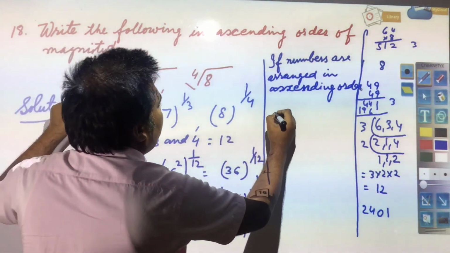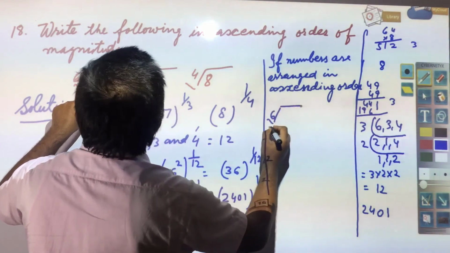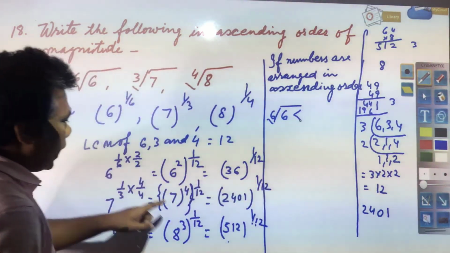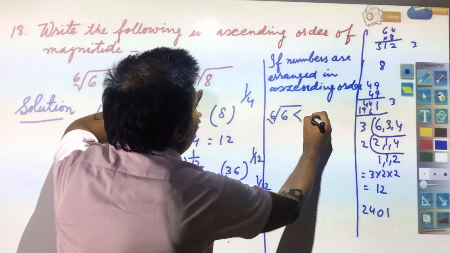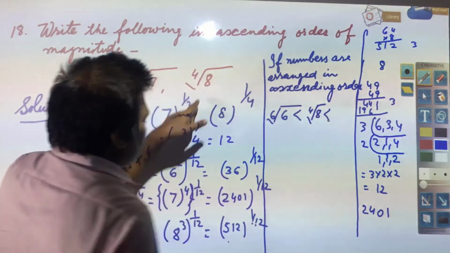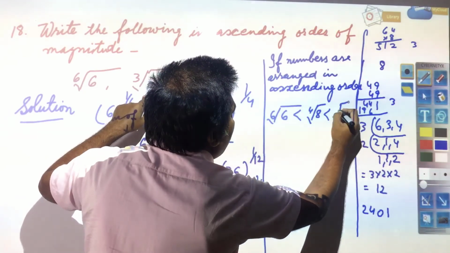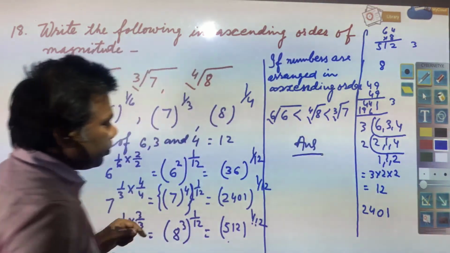It means we can write 6th root of 6, and then we will have second number this one. So, this number you have 4th root of 8 and the biggest number you have cubic root of 7, and this will be your answer.